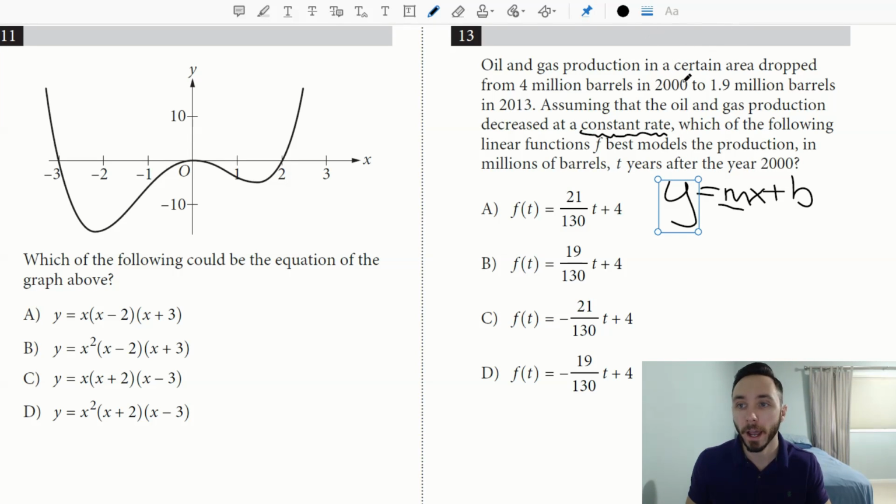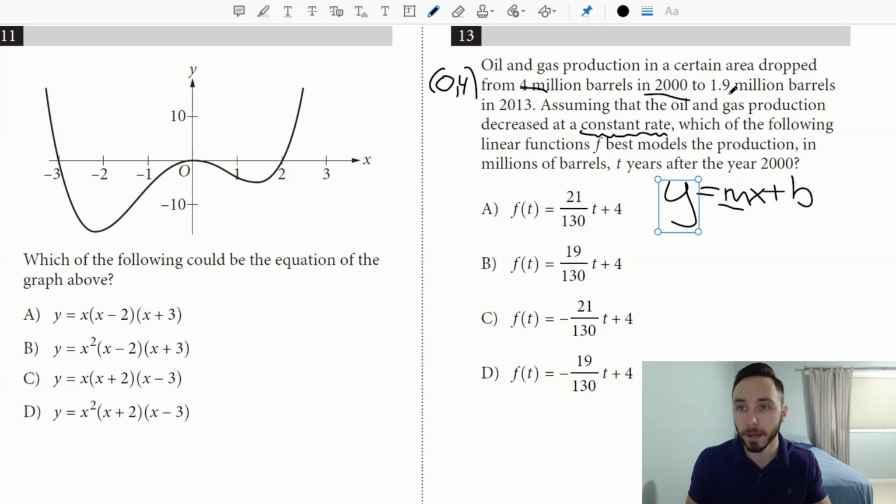Okay, I have 2 ordered pairs, really. After 2000, the difference from 2000 to 2000 is 0. So my first ordered pair is 0 years after 2000, comma 4 million barrels.